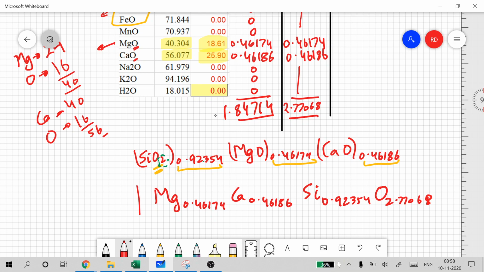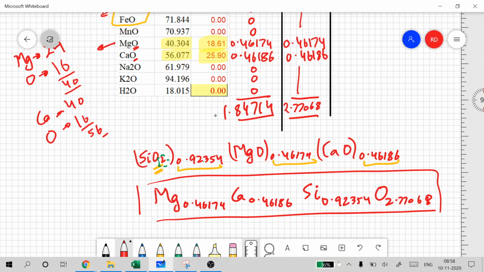Okay, so this is the formula of the substance. It doesn't appear very neat, right? There are too many decimal places here.